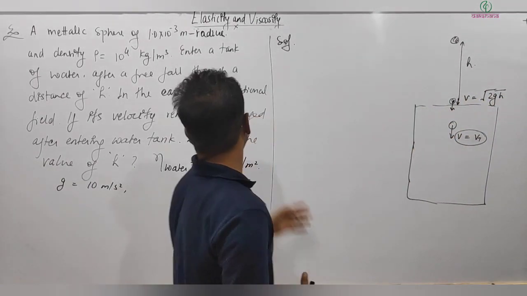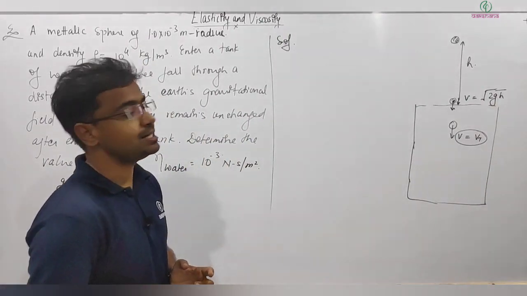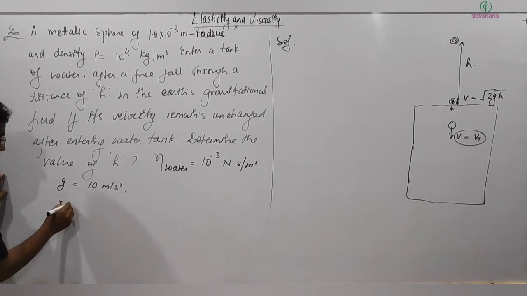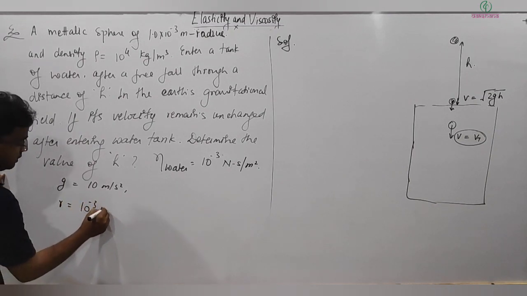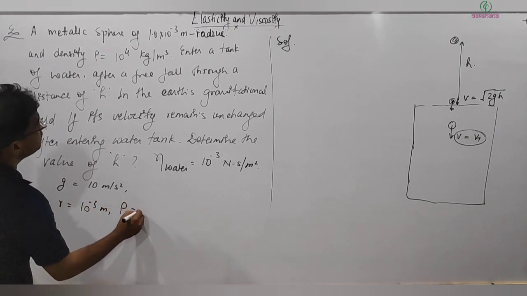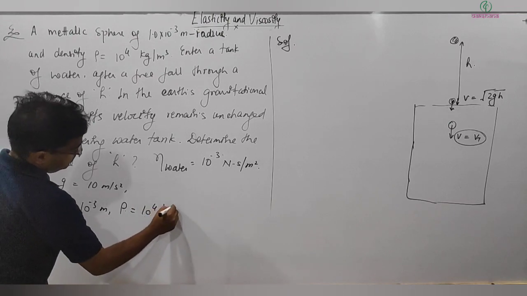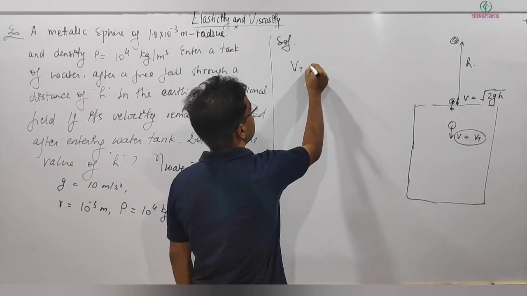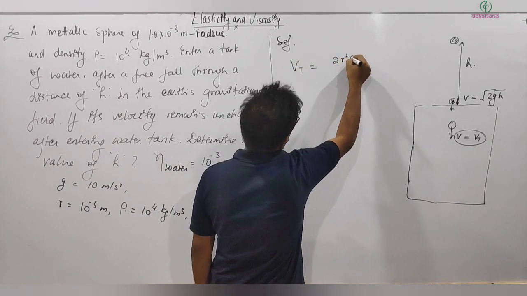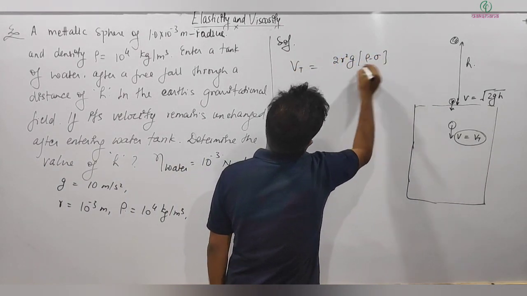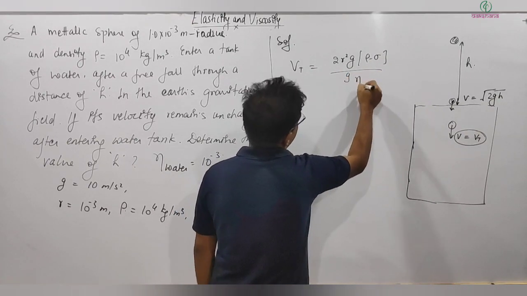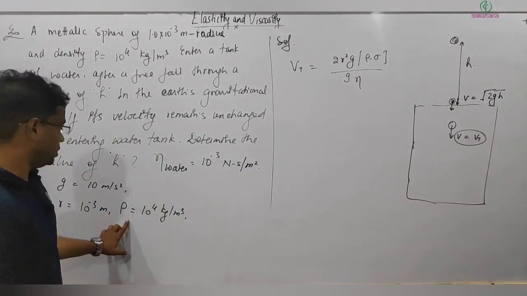So by using the data provided to us, let's first calculate the terminal velocity. The radius of the ball is given as 10 to the power minus 3 meter, and the density of the ball is 10 to the power 4 kg per meter cube. We know the terminal speed is given by 2 r square g (rho minus sigma) divided by 9 eta. We have r already, and rho is given.